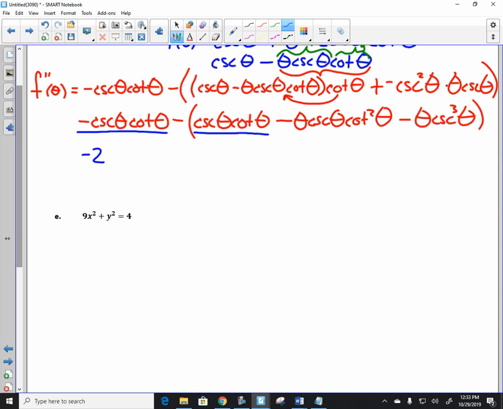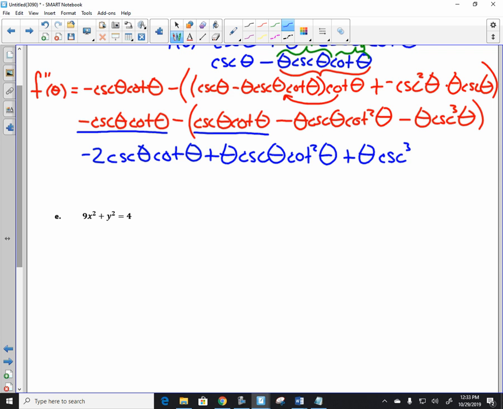So -2 cosecant of theta cotangent of theta. We distribute the negative, so we get a plus theta cosecant of theta cotangent squared of theta plus theta cosecant cubed of theta. And that's f double prime.